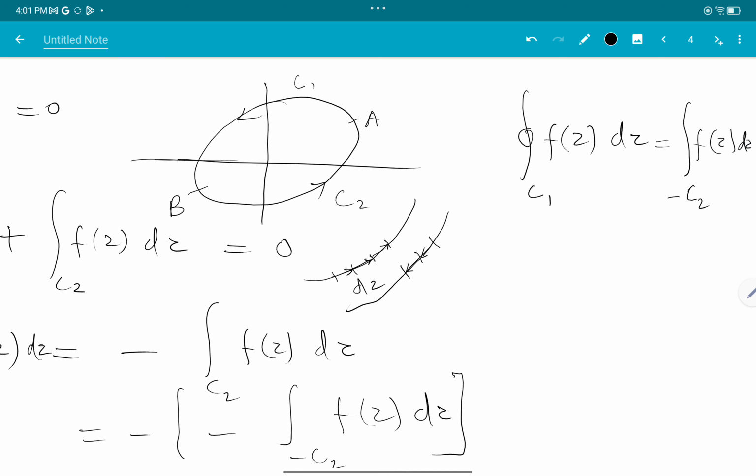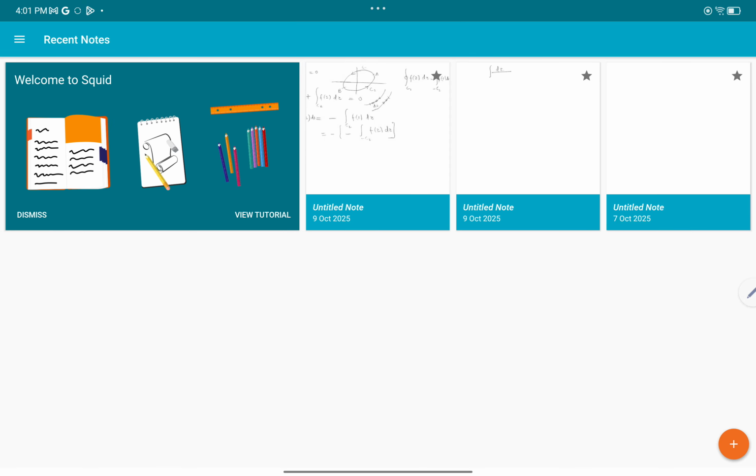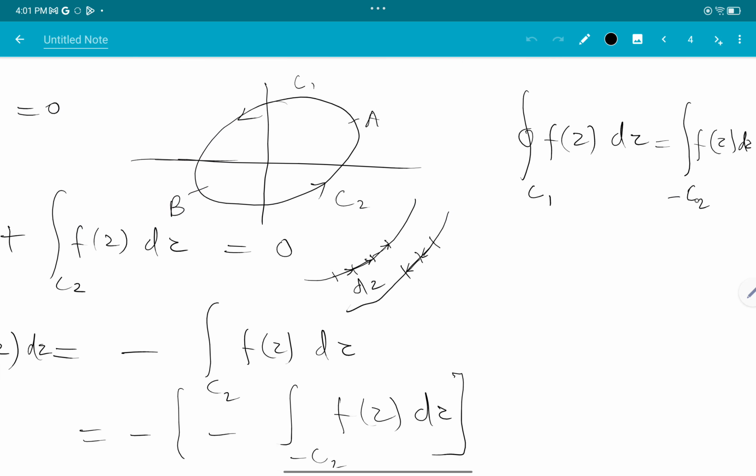If I call this minus C2 by some other name, say C3, then I have simply discovered an interesting thing: the integral along C1 of f(z) dz is equal to the integral along C3 of f(z) dz.